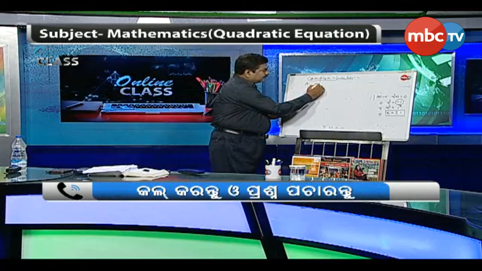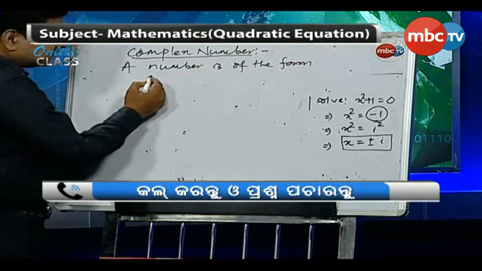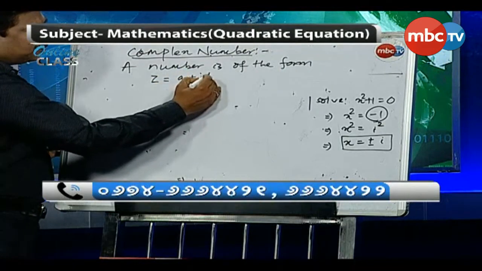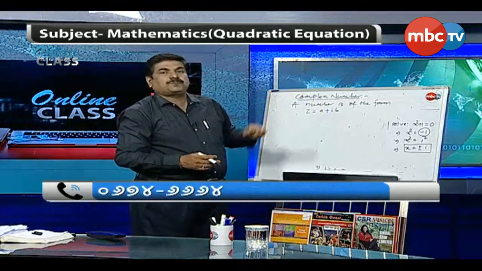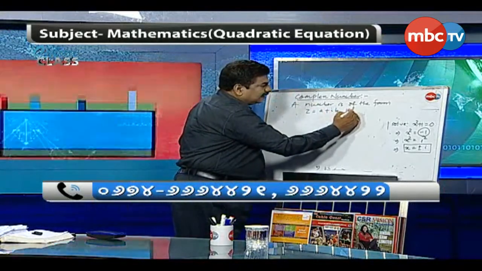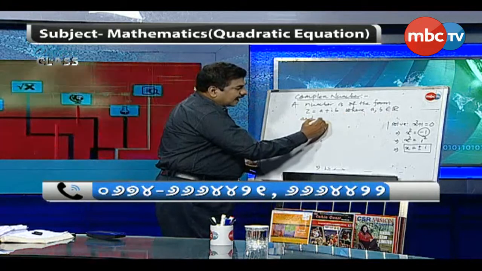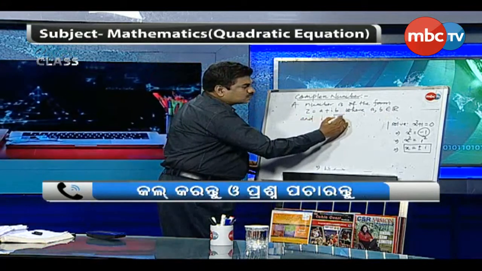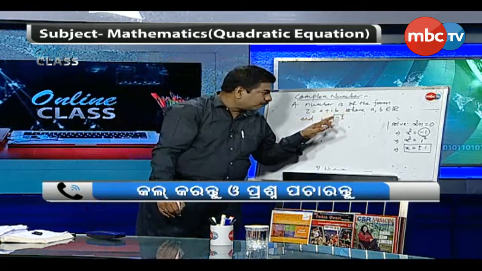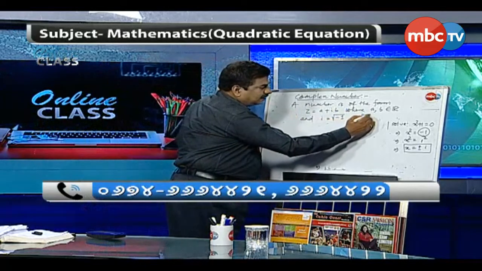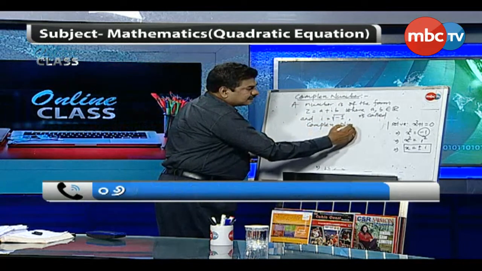A number of the form z equal to a plus ib, denoted by z, where a and b belong to real numbers, and i, which means iota, is equal to the square root of a negative number, that is square root of minus 1, is called a complex number.